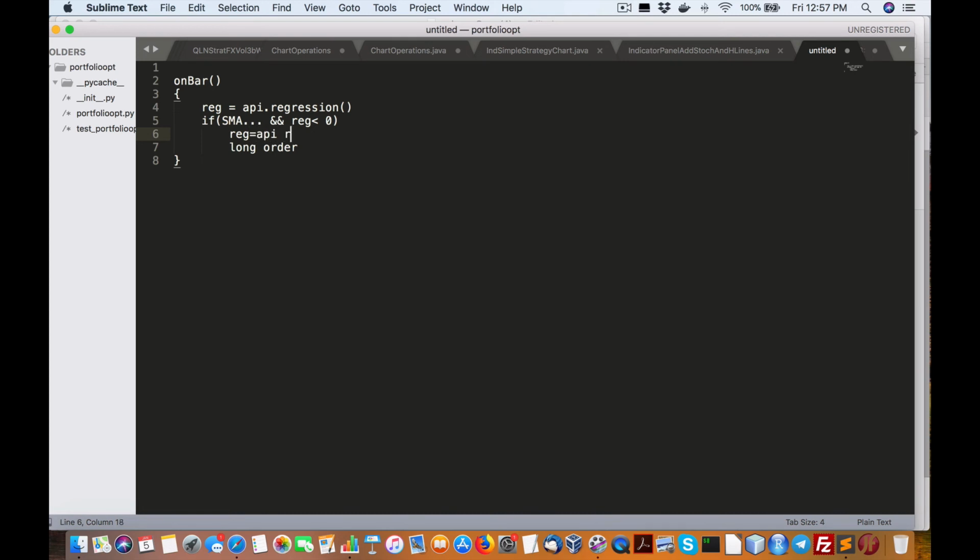So you do your regression in here, the API regression here, okay, and then do if the regression is negative, or no, actually, sorry, it has to be positive. So this was supposed to be positive if the regression is positive.